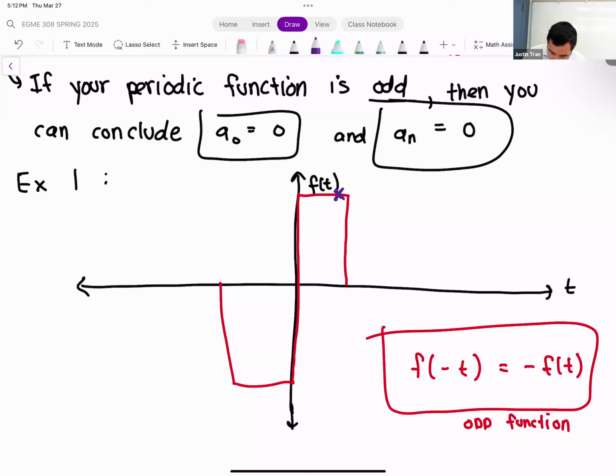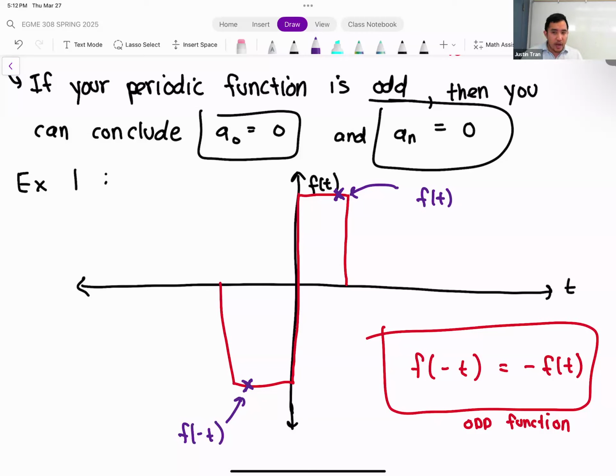That mirror image point is going to be right here. So this first x here is f of t, and this second x here is f of minus t. Same distance away from the origin, just on the opposite side. You can see that the sign of the function has flipped.